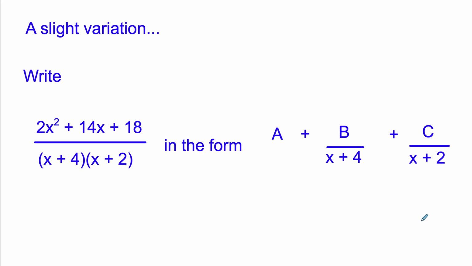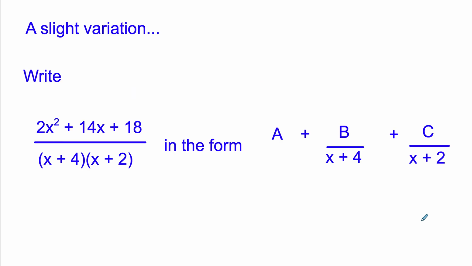So that's the final answer. You should be able to do most of exercise 1D now on page 11. There is one slight variation to this, and I'm going to talk more about top-heavy fractions when we do the polynomial division work, but sometimes you get a top-heavy fraction. Now a top-heavy fraction in algebra is slightly different to a top-heavy fraction in numbers.